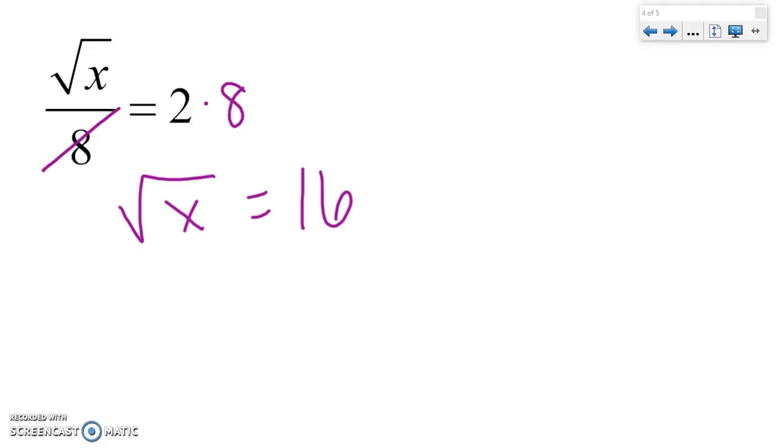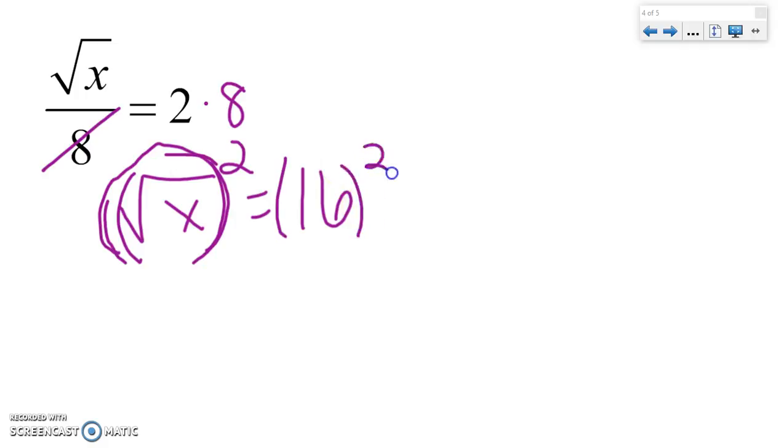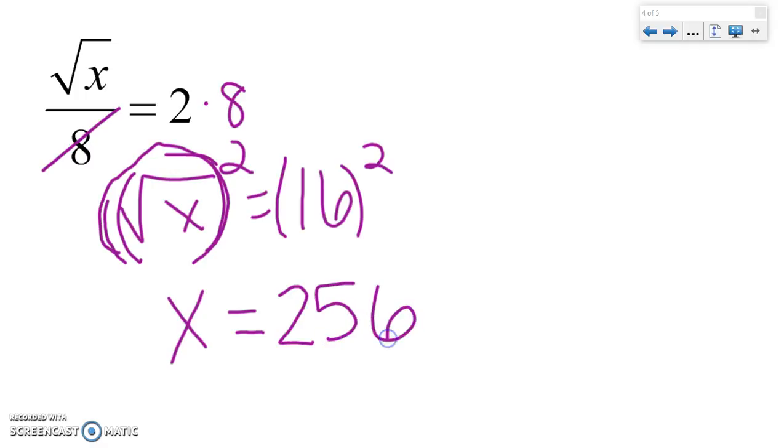And in order for me to cancel out the square root here, I need to take this whole piece and square it, which means I need to do the same thing to 16. Squaring a square root leaves me with just plain x. 16 squared gets me 256.